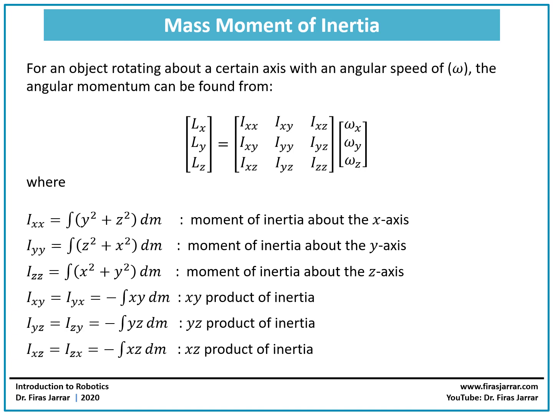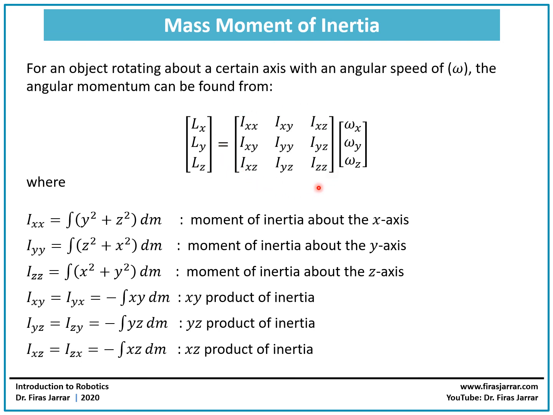In that case, for example, if you are looking at the angular momentum of that rigid body, the mass moment of inertia would be represented as a tensor, or a 3x3 matrix, which has all of the information.